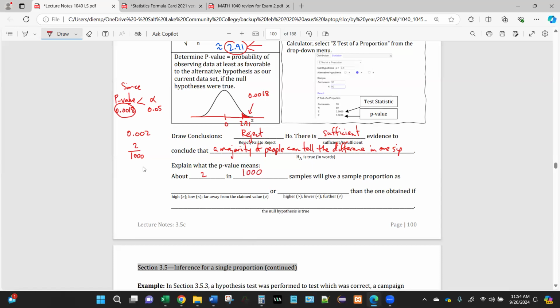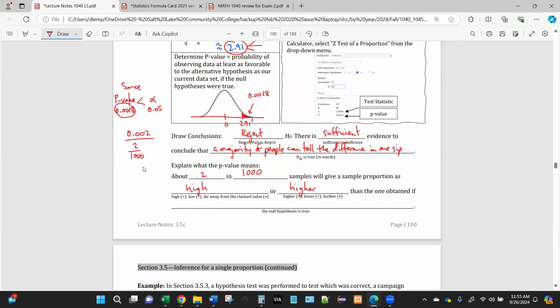Then a p-value of 0.002 would mean that in about 2 out of those 1,000 repetitions of the experiment, we would get something as extreme or more extreme than our p-hat if the null is true. So in other words, if the null is true and we took 1,000 different samples, we would only get about 2 that are as extreme or more extreme than the one we got in our experiment.